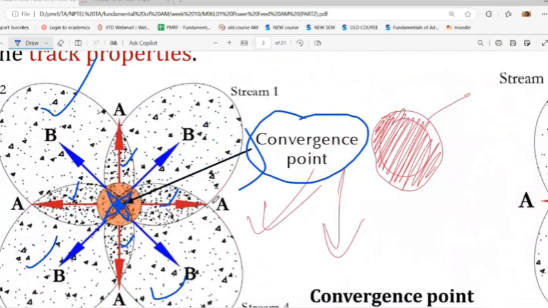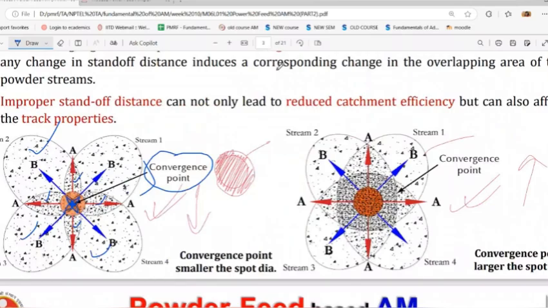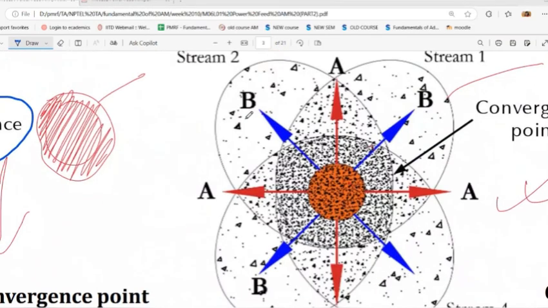The powder is scattered. On the other hand, in this picture, the streams 1, 2, 3, and 4 are tightly focused together, so their overlap zone is very large, and the zone where all four streams overlap is also very large, this much.